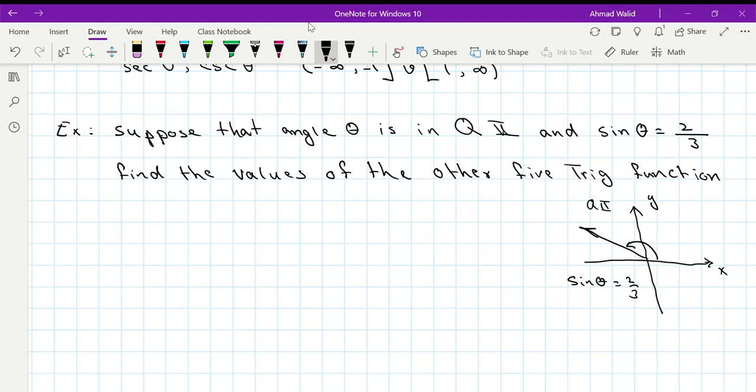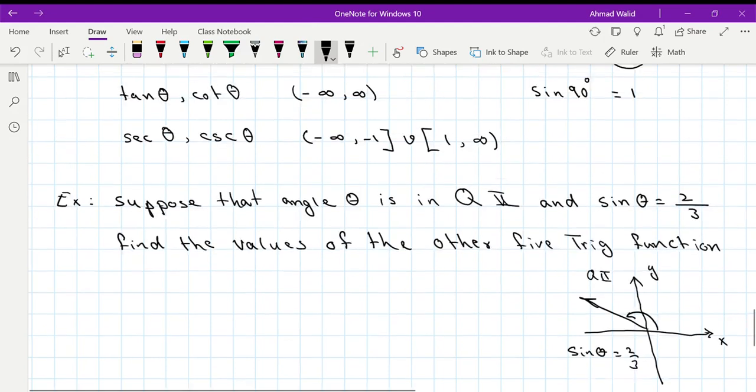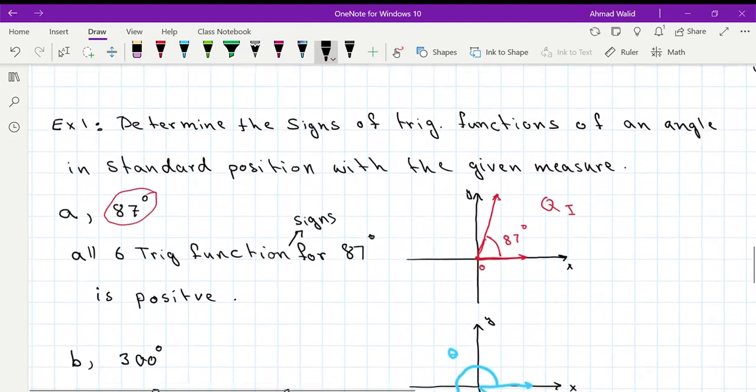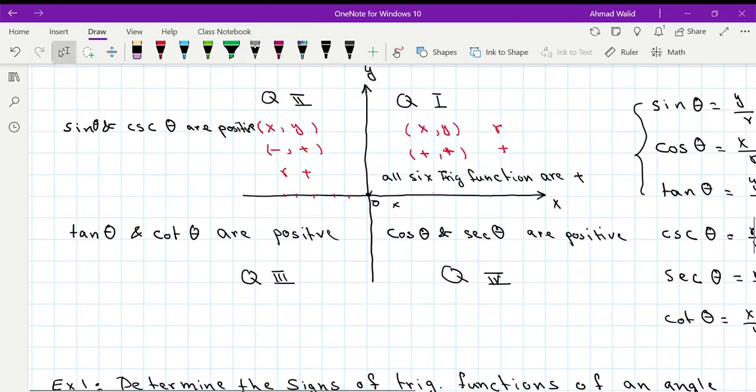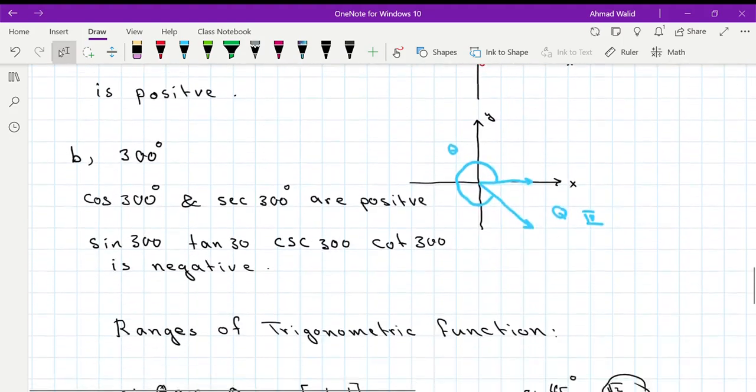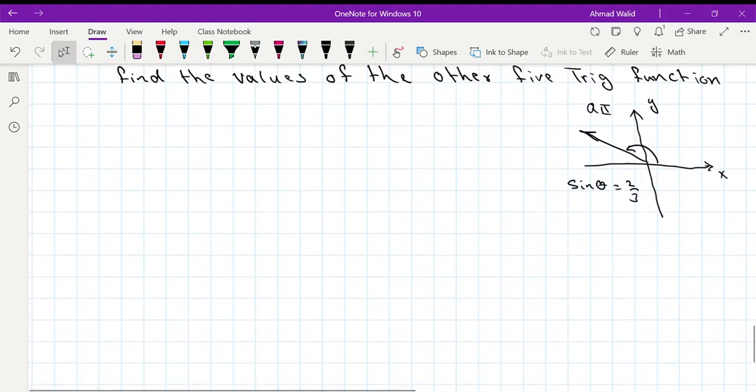They're asking you to find the other 5. Based on the sign chart that I explained for you, in quadrant number 2, sine and cosecant, which is the reciprocal of sine, are positive, the rest is negative, correct?